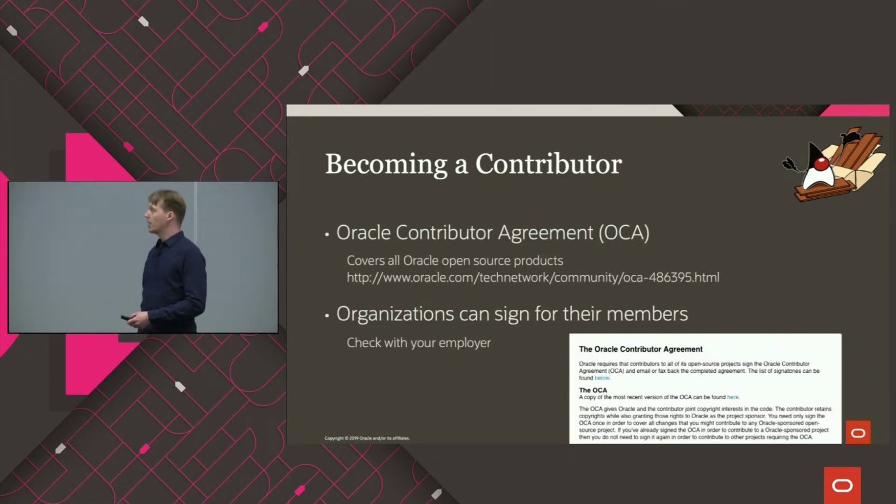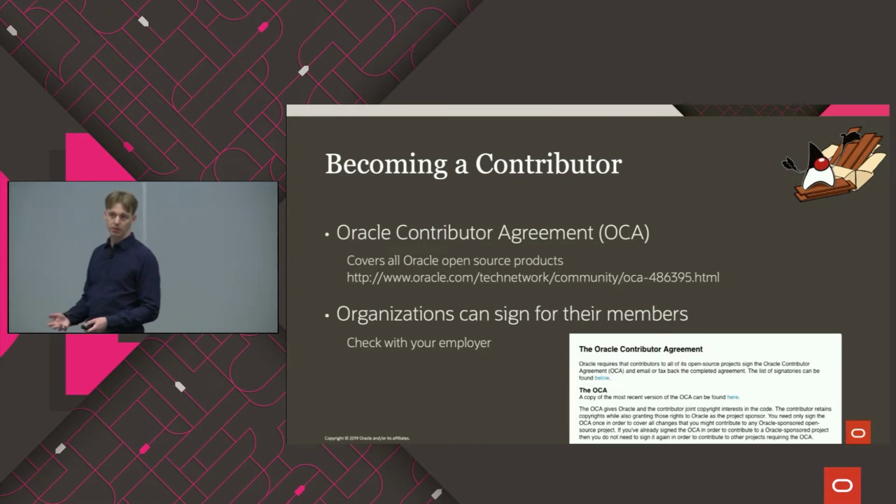So before you can actually push any code into the OpenJDK source repository, you need to sign the Oracle contribution agreement. Using this agreement, you will allow Oracle to build and distribute your code, basically. So it's a way of sharing the copyrights to your code.